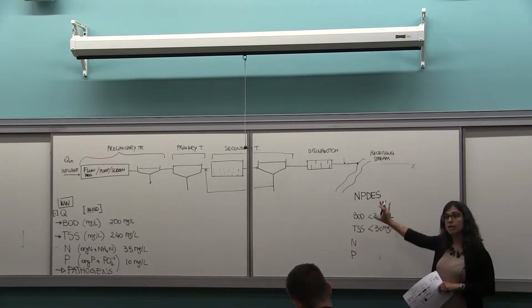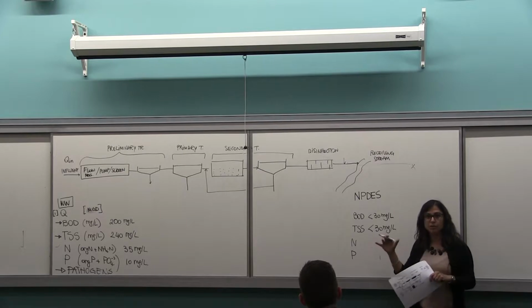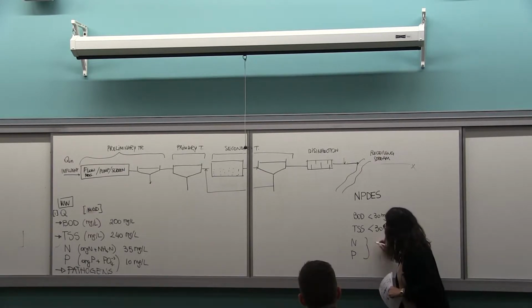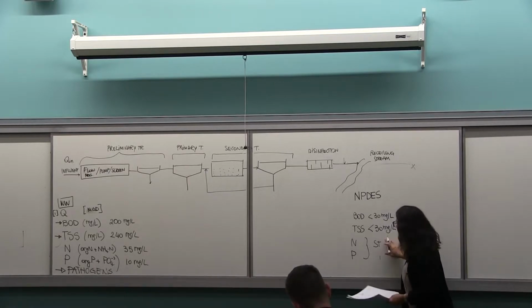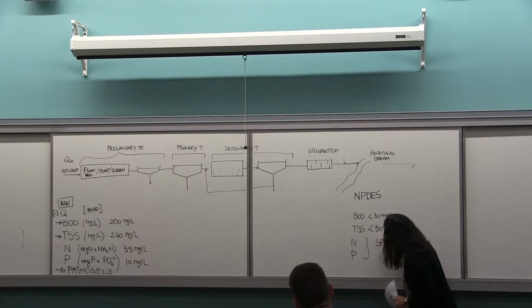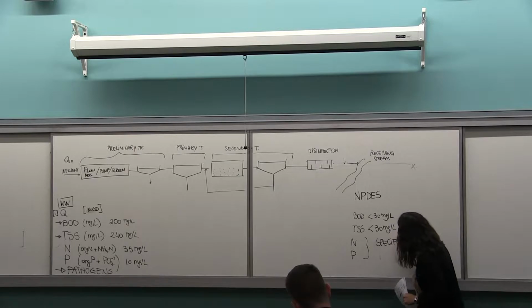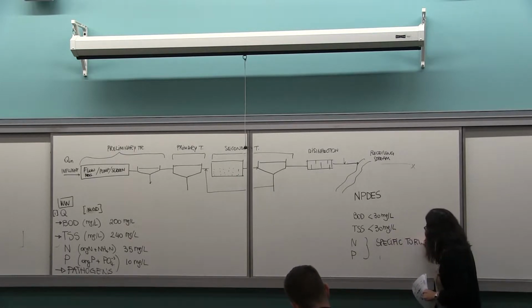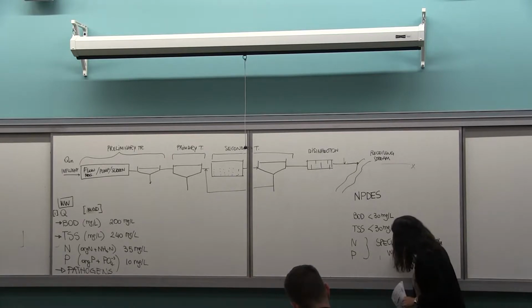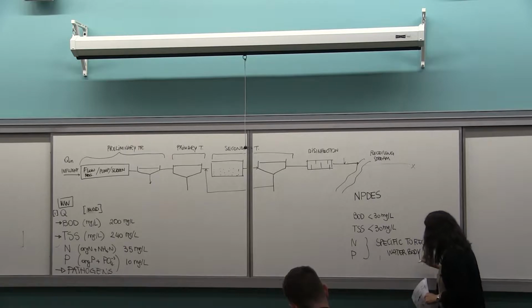there is not a national regulation based on nitrogen and phosphorus limits, but these are specific to the receiving water body. What does it mean?